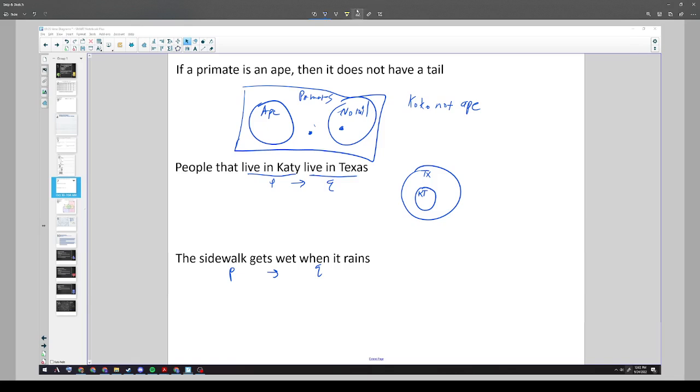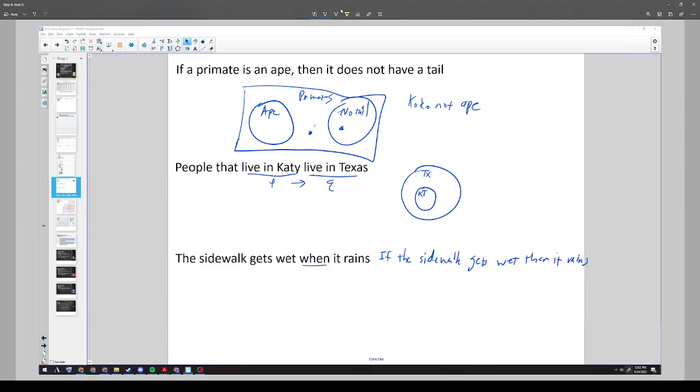It's organized backwards, which we do a lot of times in common language, so we have to be really careful that we change conditionals to the if-then form and that they are in the correct order. So if I wrote, if the sidewalk gets wet, then it rains, that doesn't sound right, that sounds backwards.